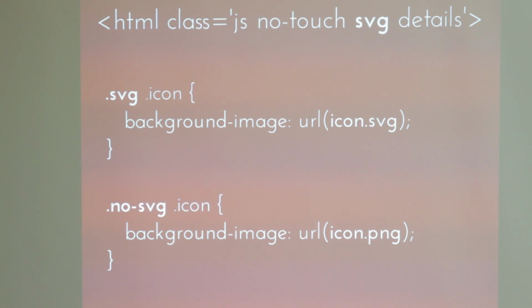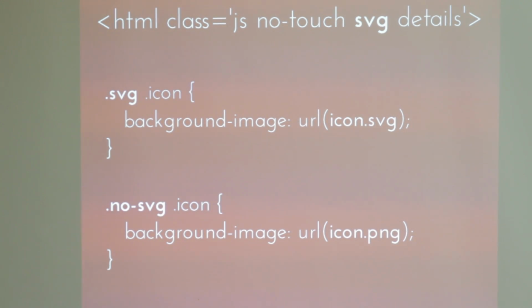But I want to mention that what I have up here is probably not the best way to do it, because if Modernizr doesn't run, you're not going to get either one of those, because they're both specific to SVG or no SVG, and Modernizr is going to be injecting both of those styles. So in fact, probably the best way to do it is to not have SVG on the top one.